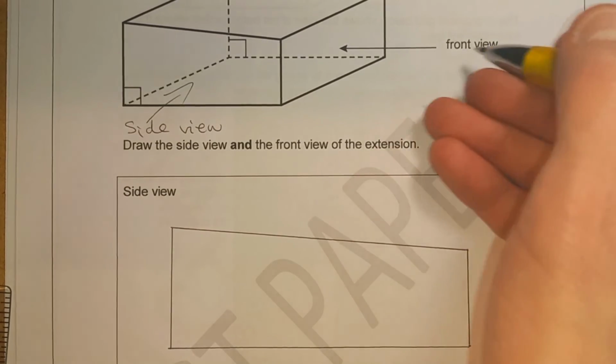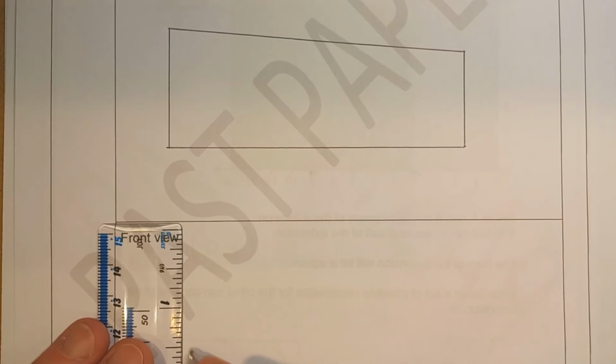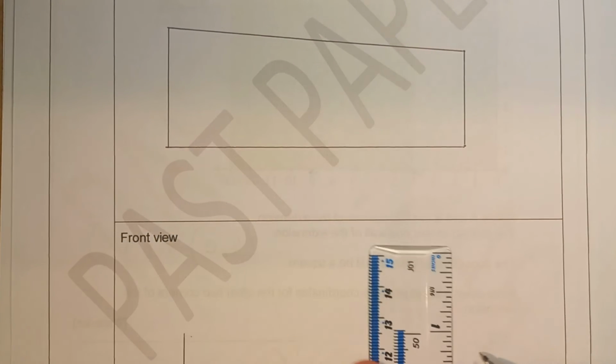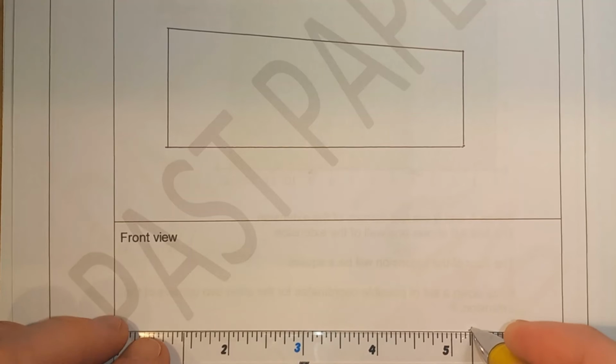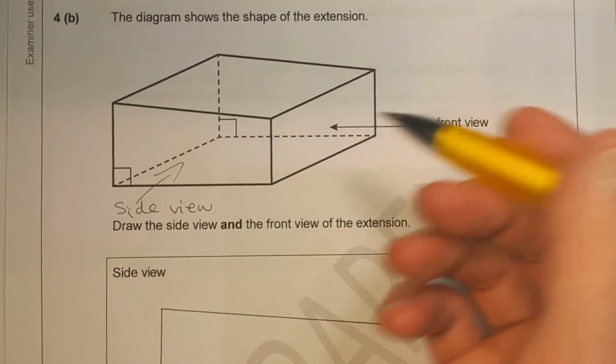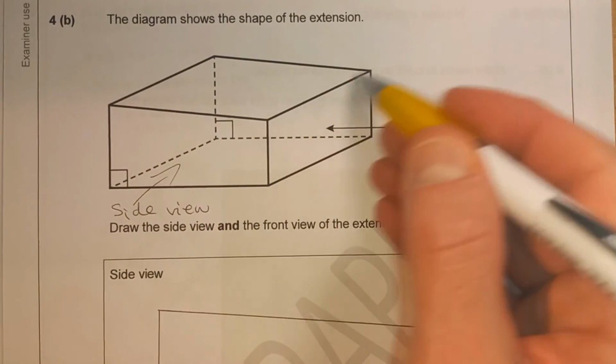The front view is looking here, so we're going to have a rectangle. Now, I've drawn a rectangle here, so that's if we're looking here. We would see this rectangle, but actually we would see the top of this sticking up as well, with this line separating it.